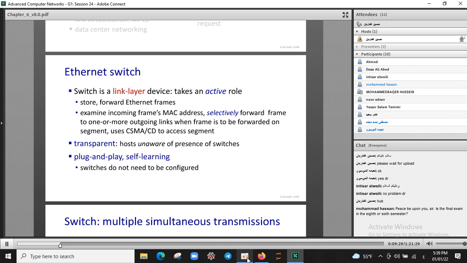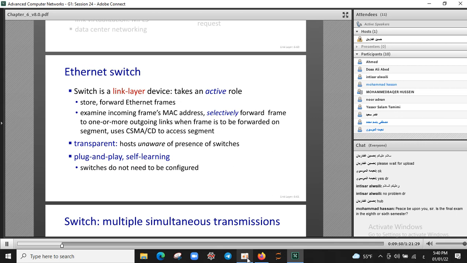The switch is transparent over the network, because it's just like a bridge connecting one host to another host.